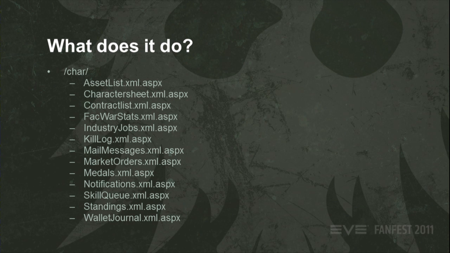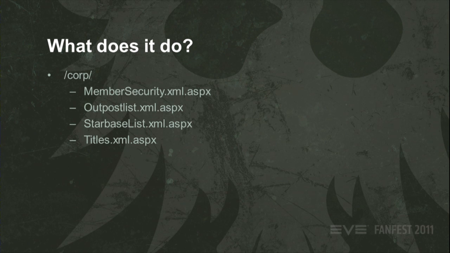You can get all your kill mails, market orders, notifications, your wallet. There's a lot more to it than all this here. It just fit onto the slide. So you're going to have to read the documentation for the full list of things, and as well for the corporation. This is a really small subset, but there's a lot of overlap.